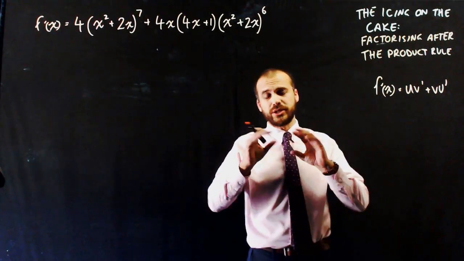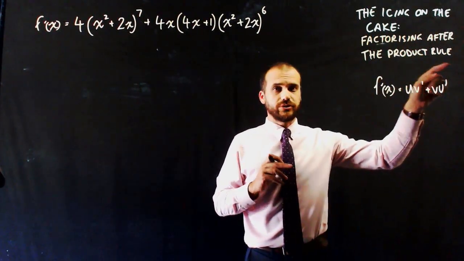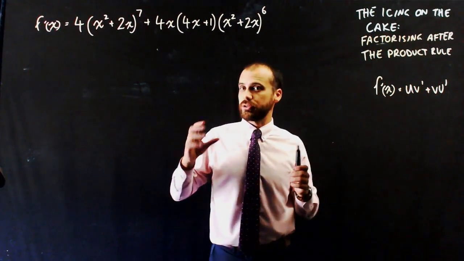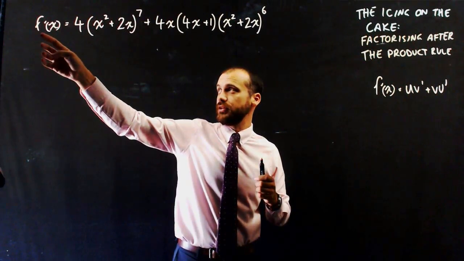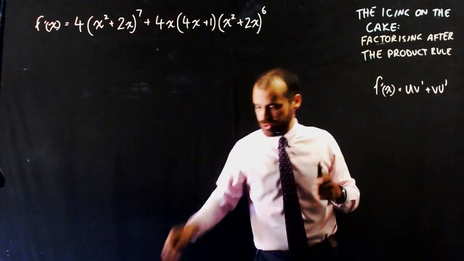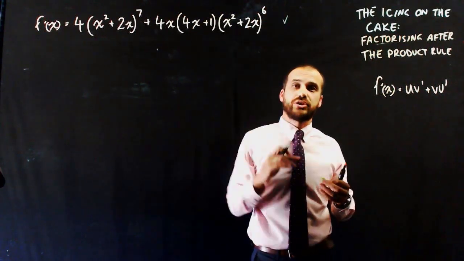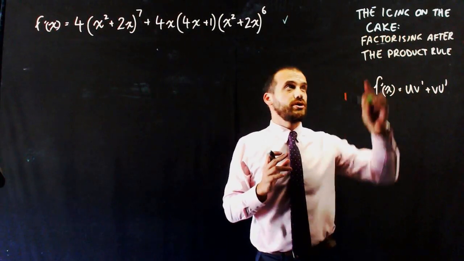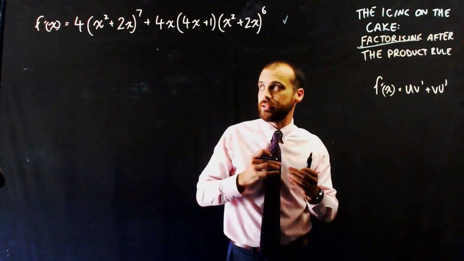Alright, so I'm going to jump in the middle. I said after the product rule. So I've already done the product rule on a derivative, and I've found the derivative is this big long thing here. A lot of students will go, yep, I used the product rule, I put it into the formula, and I'm finished. But there's actually a lot of work to go because we need you to factorise it at the end.